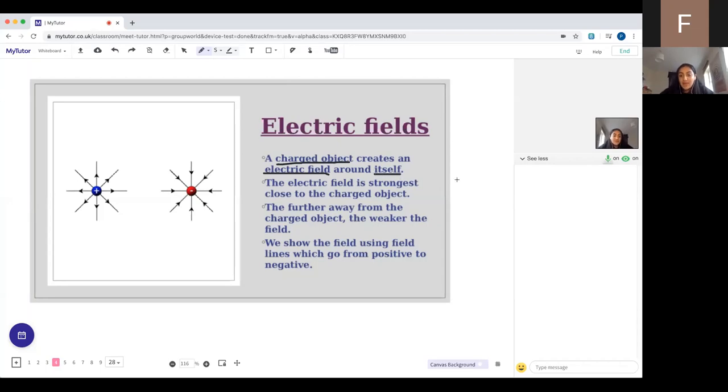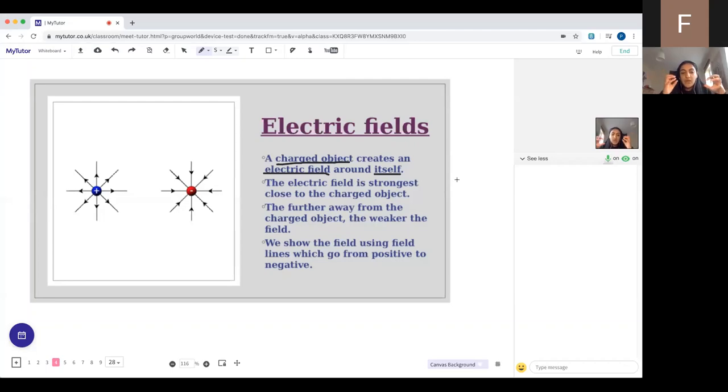Anything that is charged, whether that's an electron, a positive charge, or just something that happens to be charged in your home, is going to have an electric field around it. We can't see this electric field, but we know it's there.